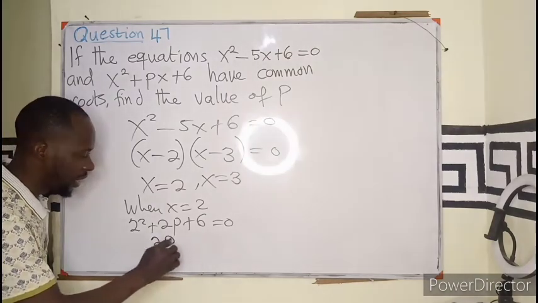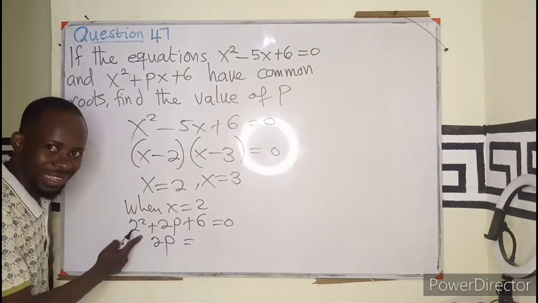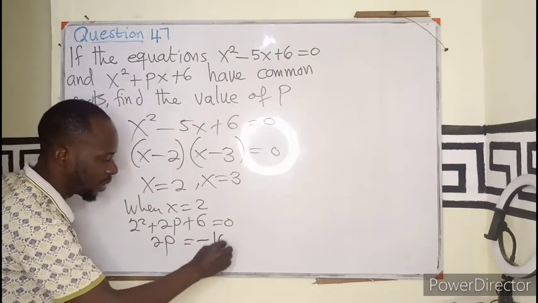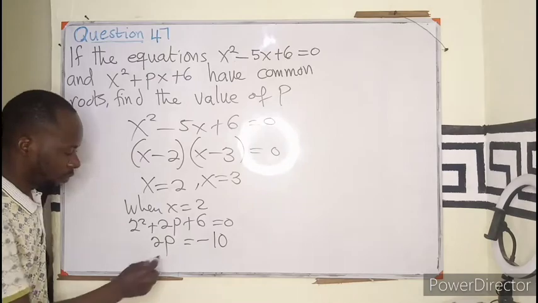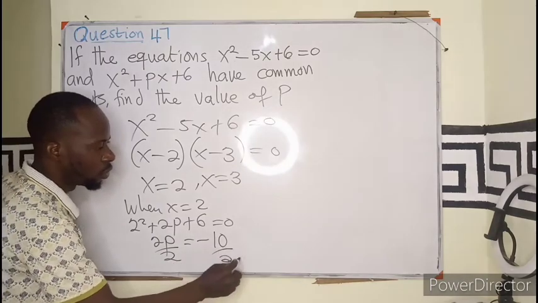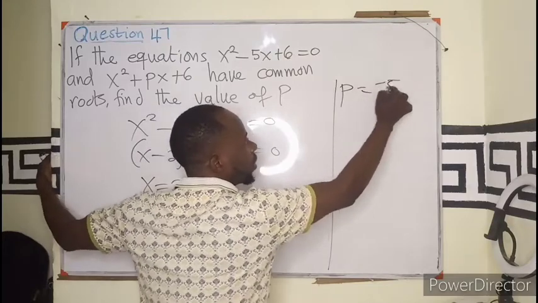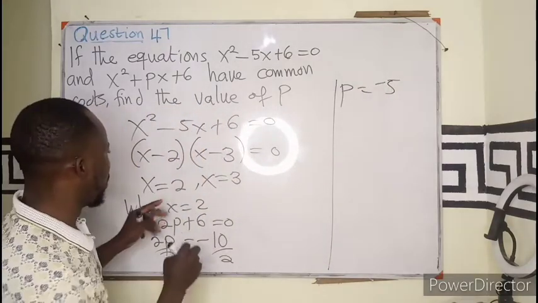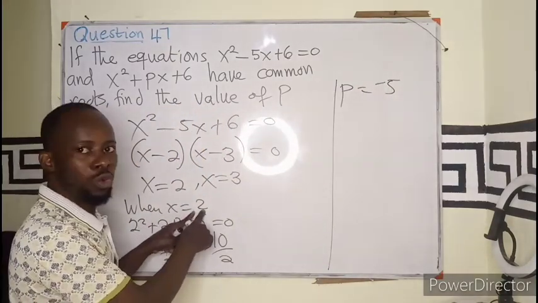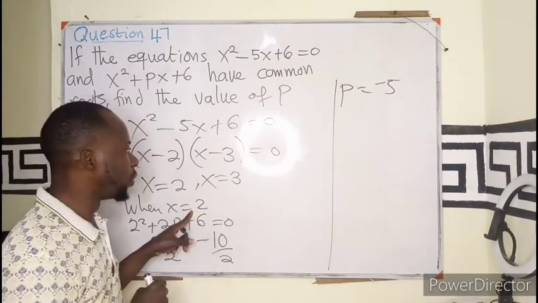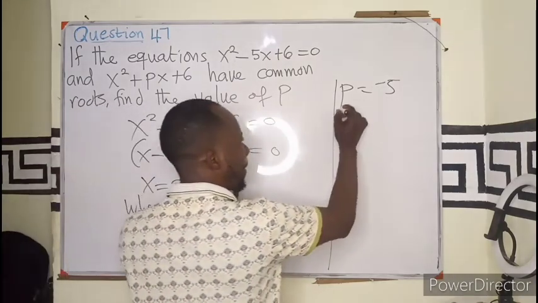So 2p equals -10. So divide by 2, and we have our p, in this case, equal to -5. So when x is 2, p is -5. Good. Let's take when x is 3.